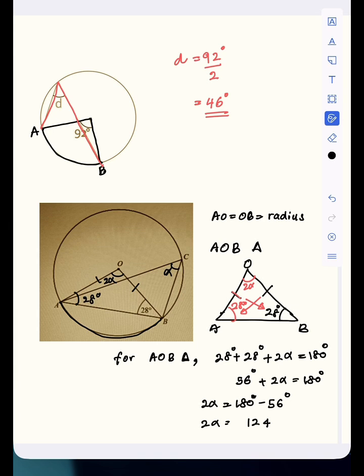Then alpha is 124 divided by 2, which is 62 degrees. For the triangle AOB, the angle AOB is 124.